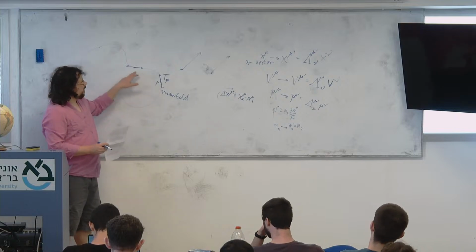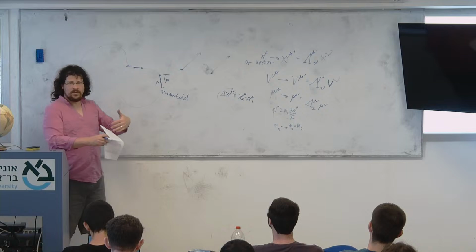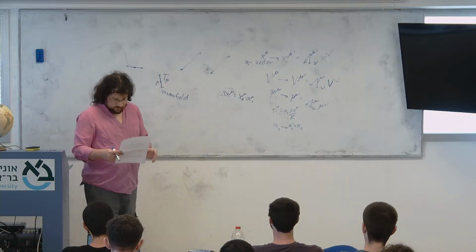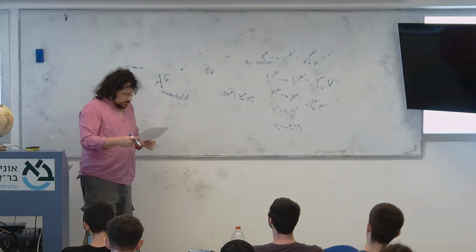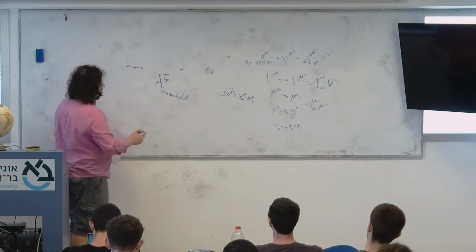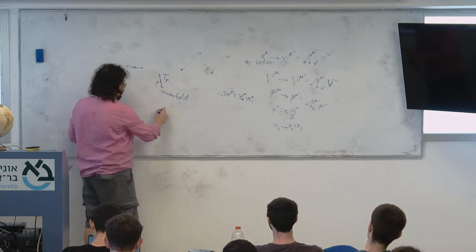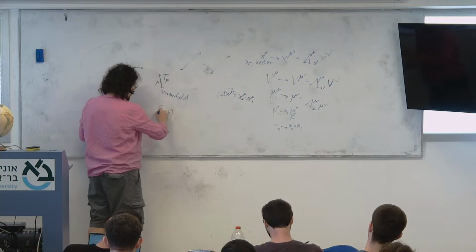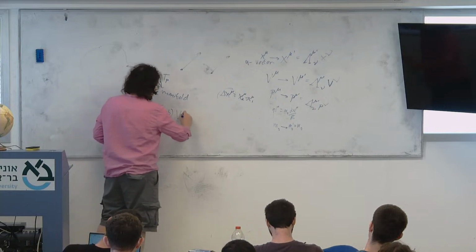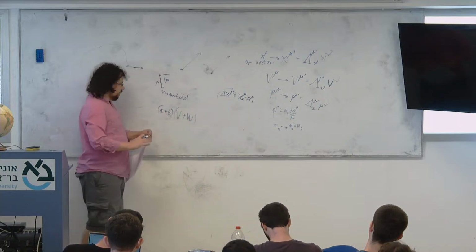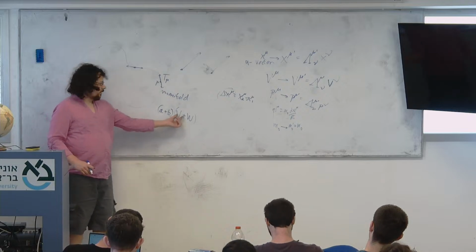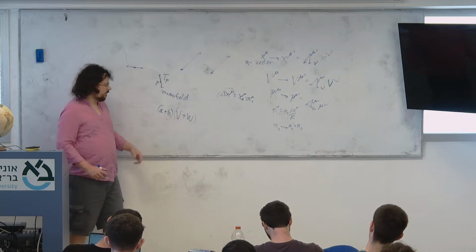Now, at every point it is linear. We could add 2 vectors at the same point. That's fine. And you can multiply by scalars. So in general, at a point, you can have aV plus bW, where these small letters are scalars and these capital letters are vectors.